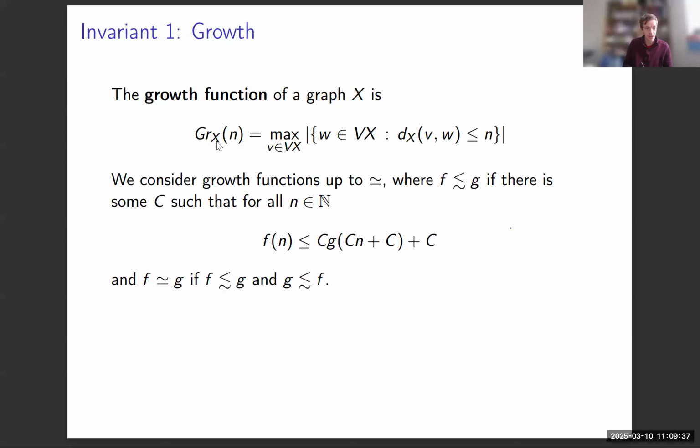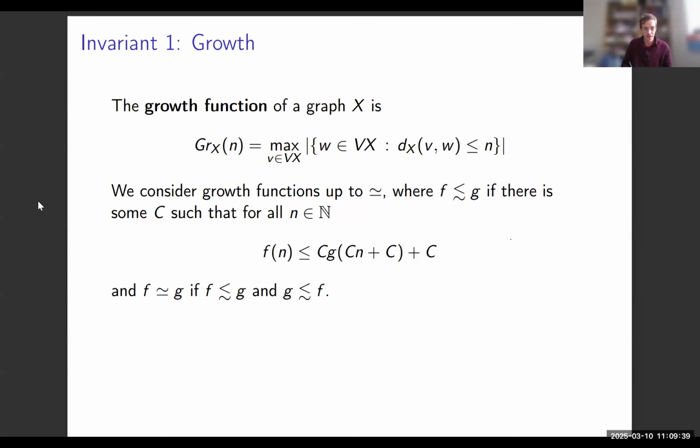To give you a quick example, this means that n to the a is at most n to the b for a at most b, but 2 to the n is equivalent to 3 to the n is equivalent to 150 to the n. This will be an if and only if condition here. So we can tell apart different types of polynomial growth, but exponential functions all go into one class.